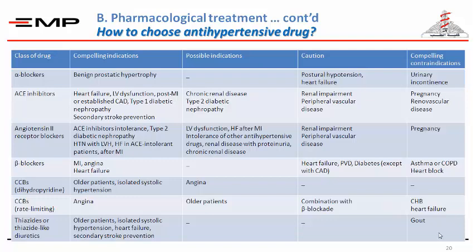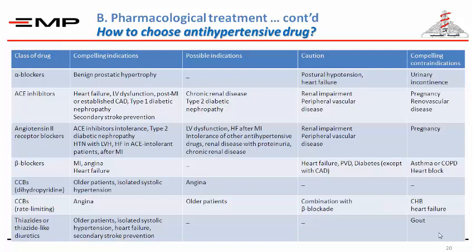Angiotensin II receptor blockers are preferred for patients having intolerance to ACE inhibitors due to side effects like resistant cough, for example.